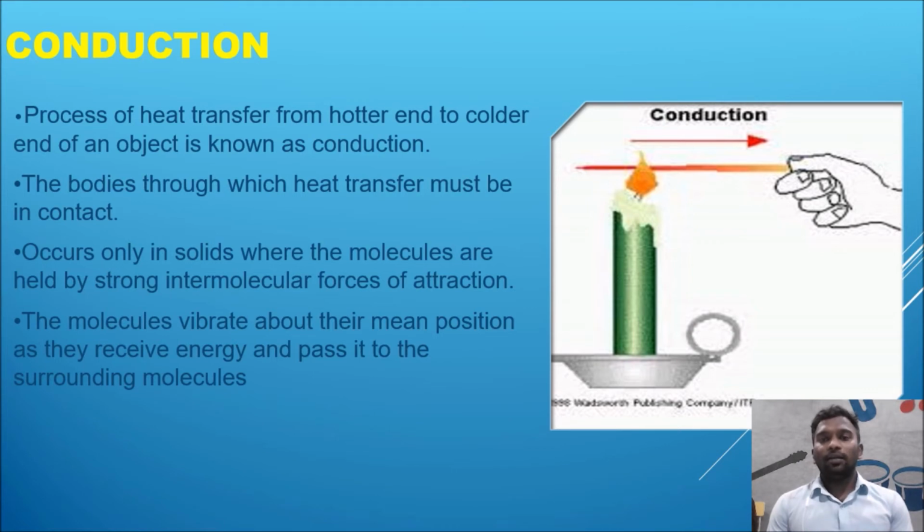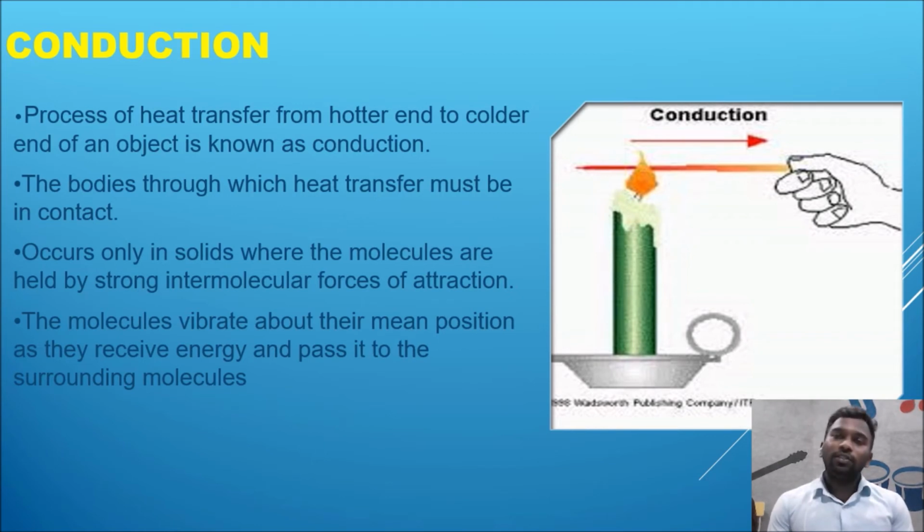When it is in contact with a flame, the metal object starts absorbing heat energy, and the heat energy transfers from one end to another end without any change in the position of the molecules. You cannot find any change in the position of the molecules, but when the molecules absorb heat energy, they vibrate.